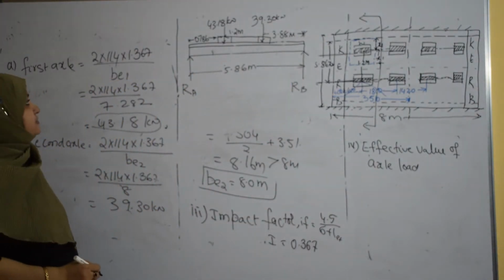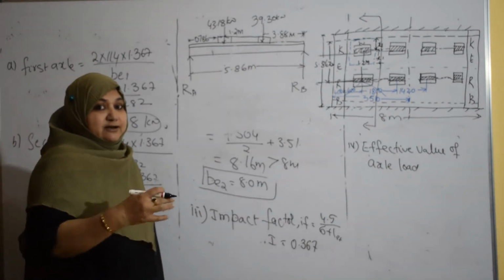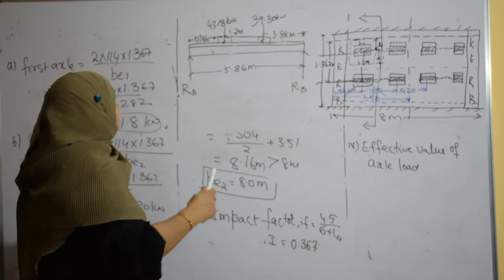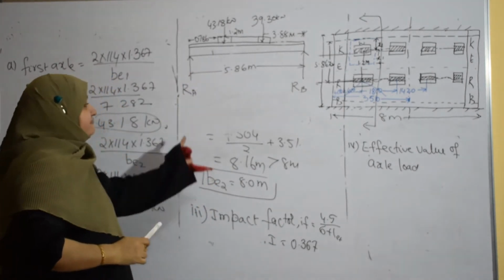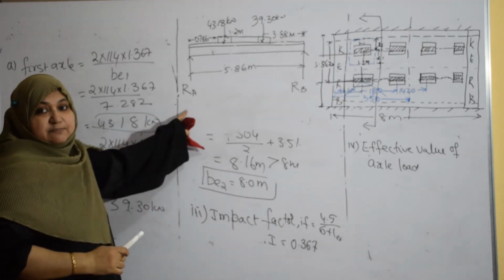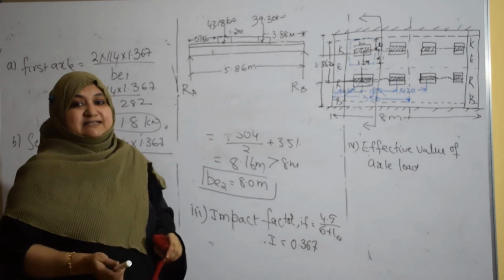Now you can find out the shear force. With your basic knowledge from earlier subjects, because this load is heavier, obviously RA will be more, so shear force at support A will be more than at support B. So we have to calculate the maximum shear force.